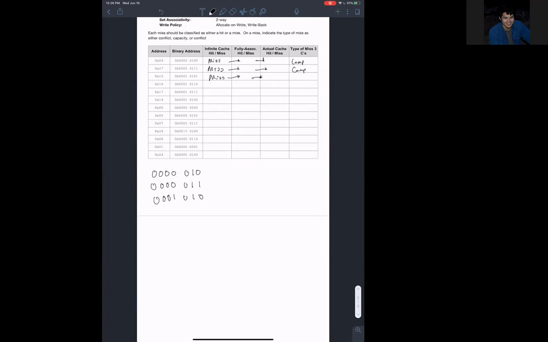Next, we have the access 001, 011, and that's also a miss. And then now we have the memory access 0x17. And note, since we pulled in the address 0x16, that's going to be a hit for our infinite cache. And that's just gonna hit this address.